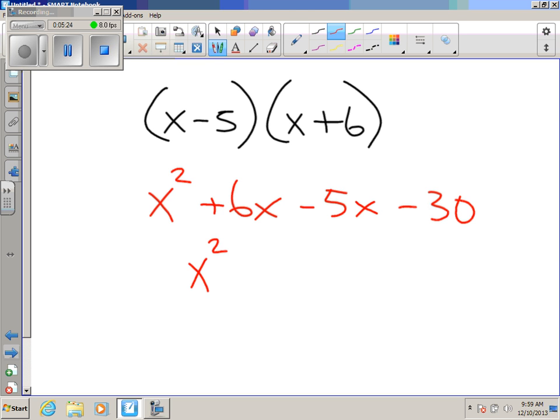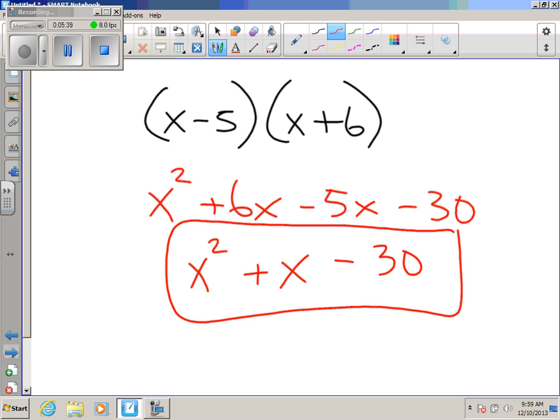So x squared, what happens when I take a positive 6x and take away 5x? What kind of x is it? There you go. If we can steer away from making it 1x and just making it x, that would be great. It's a good habit to get into.